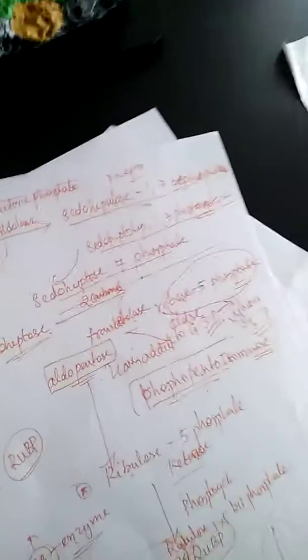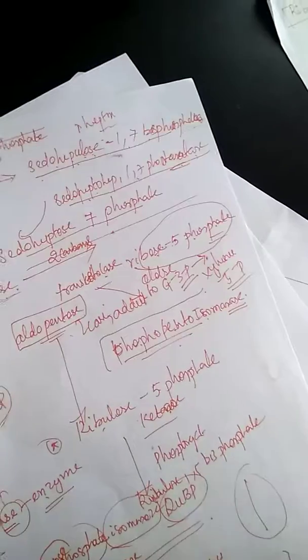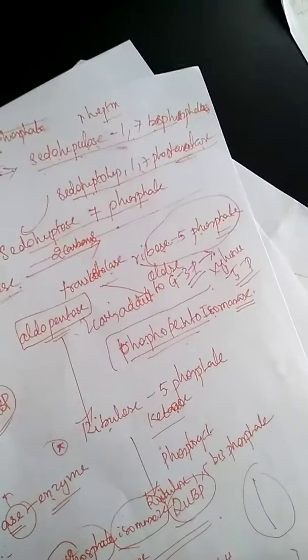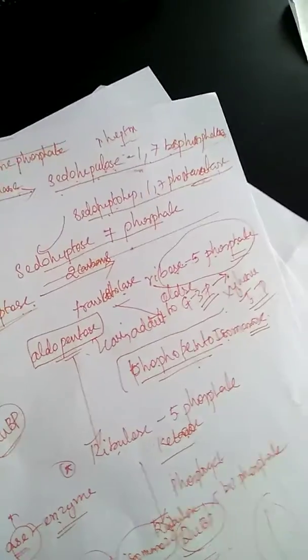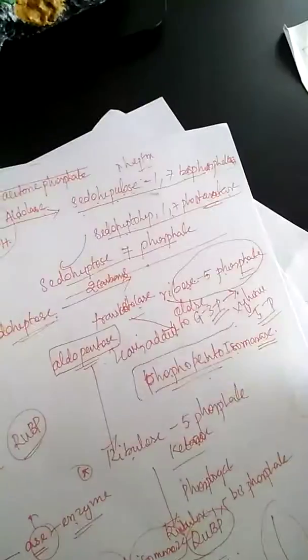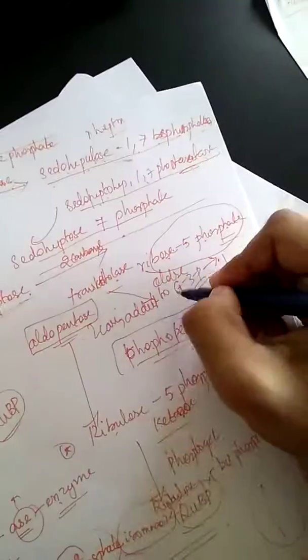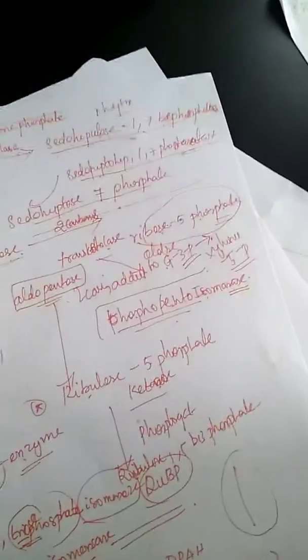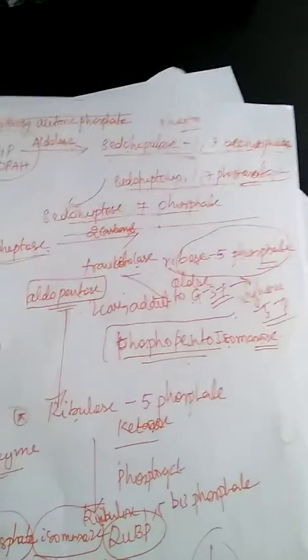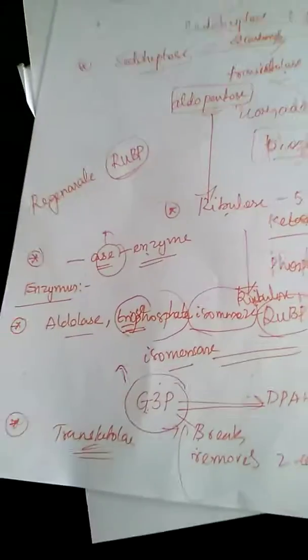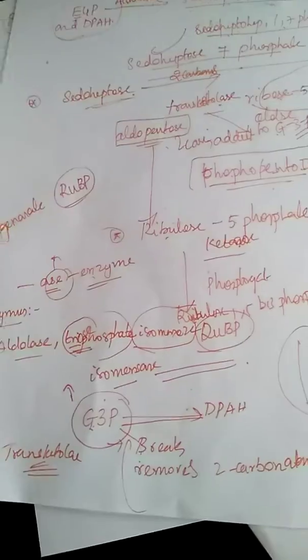So what the transketolase enzyme does is take 2 carbons away from a larger molecule and give them to glyceraldehyde 3-phosphate. That's the summary of the important enzymes used.